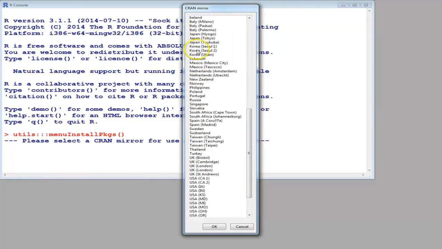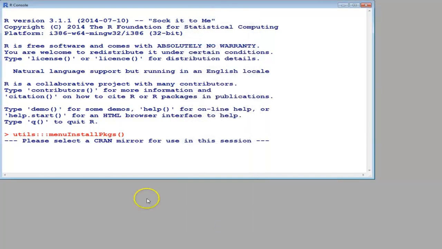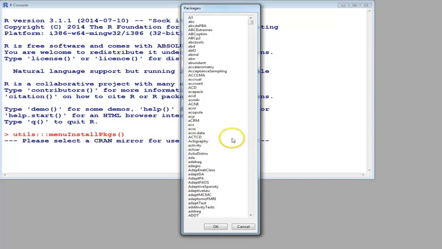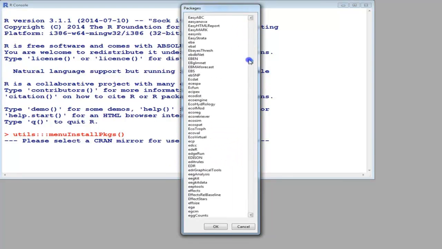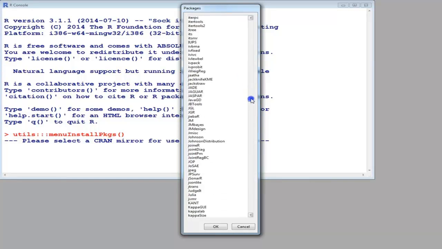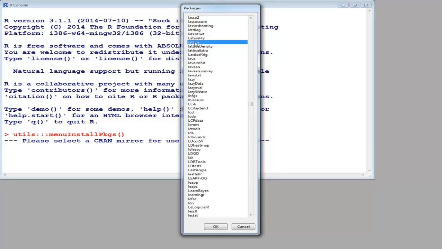What were the libraries that he's using? I remember he's using Lattice. What else? What else do we use? Car.